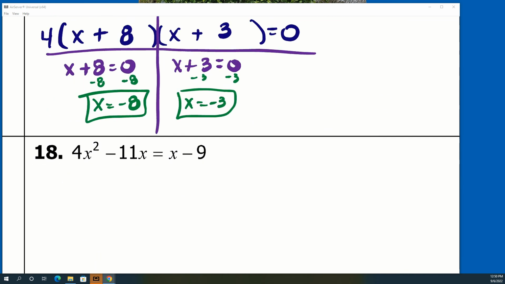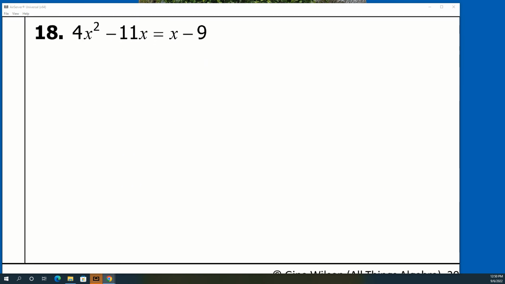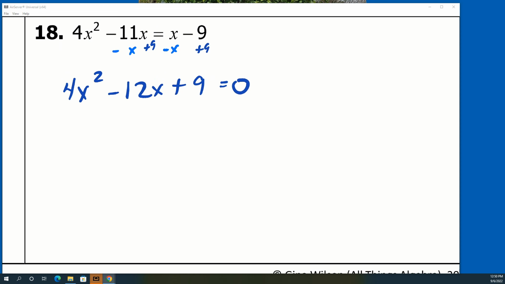Okay. And then the very last one, we're going to get everything on one side by subtracting x from itself and from the like terms, and adding 9 to itself and to nothing on the other side. Okay, this one has 3 terms.